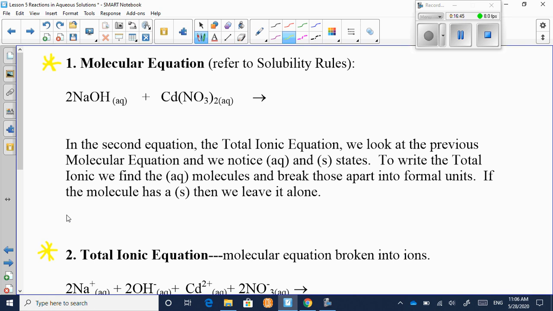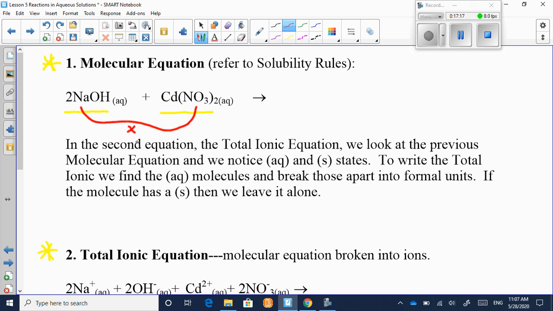Okay, so first up, we're going to mix sodium hydroxide and cadmium nitrate. And notice that they've already labeled them as aqueous. So we're pretty sure that they've already looked at their solubility rules and verified that they're aqueous. Now what I'm going to do is double check. I'm going to compare sodium and nitrate, and hopefully all of you say, Mr. Webster, don't even go check it.